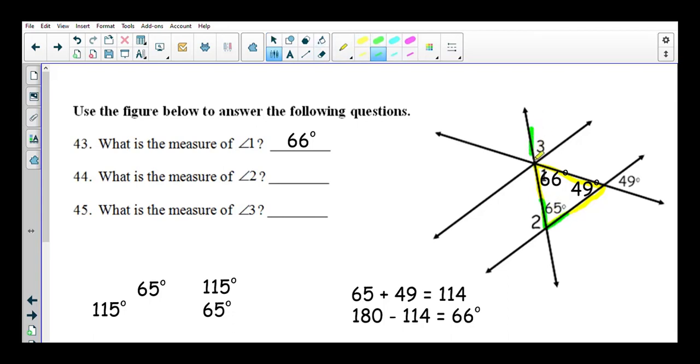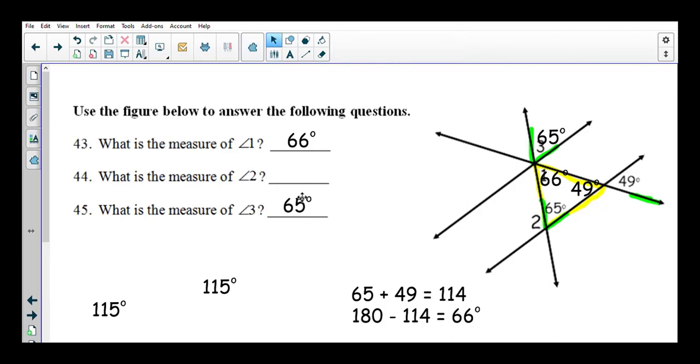And this angle up here is going to correspond with this. It's kind of in the top right-hand corner of these groups of angles. But again, if I could imagine taking this transversal out, that's this one right here, it wouldn't impact either of these angles in any sort of way. So this angle and this angle are corresponding, which means that this angle up here is also 65 degrees. And so the measure of angle 3 is 65 degrees.